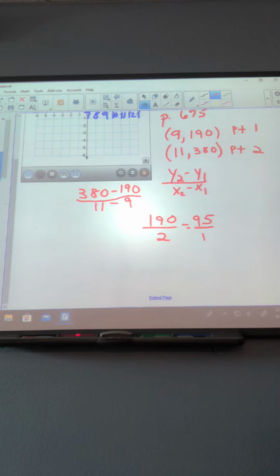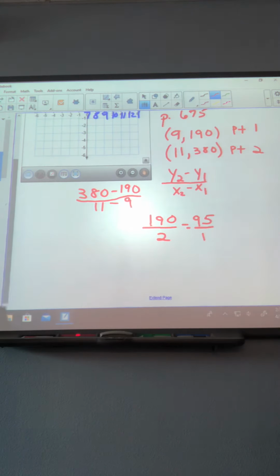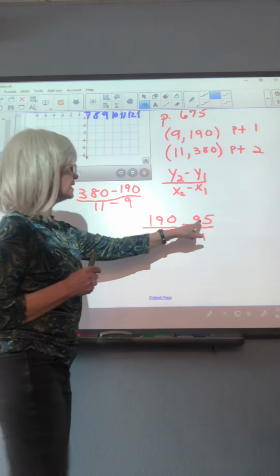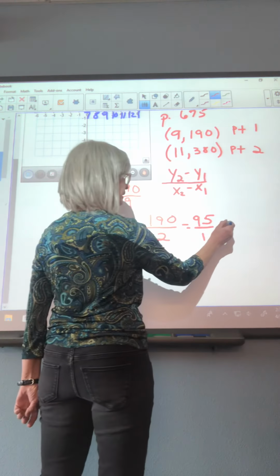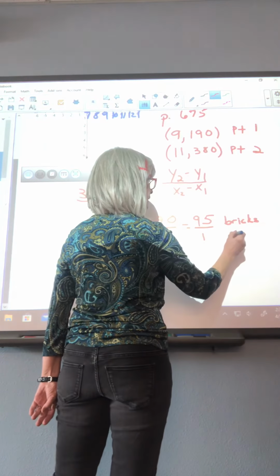Okay, so our slope would be 95 over 1, which basically would mean like 95 bricks in an hour, I guess. And the question that they were asking is the number of bricks he can lay according to time. And so I reduced it down to 95 over 1, which would be 95 bricks in 1 hour.